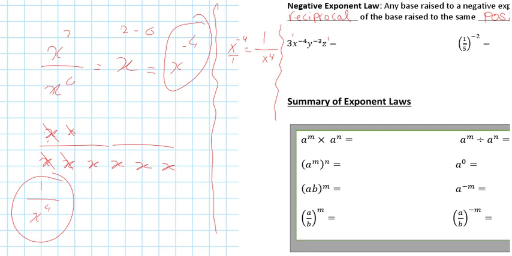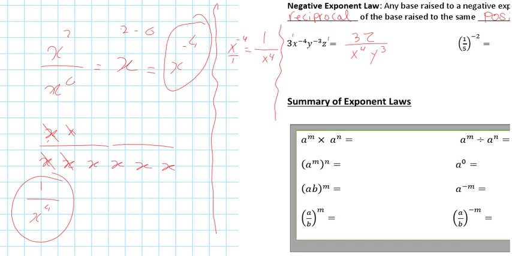Keep the positive exponents as the top, and flip the negative exponents to the bottom, to the denominator. It's as easy as keeping the positive where they are. Do not change the positive exponent. Just keep them where they are. And because you're flipping, you bring the ones with the negative exponent to the denominator and make them positive.